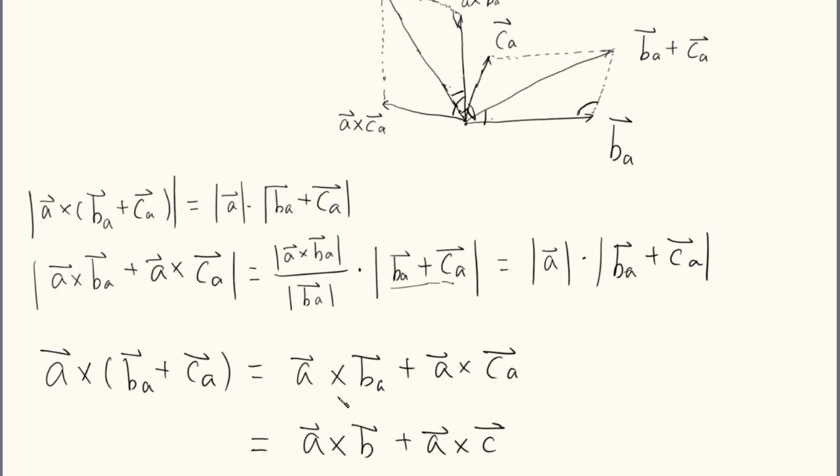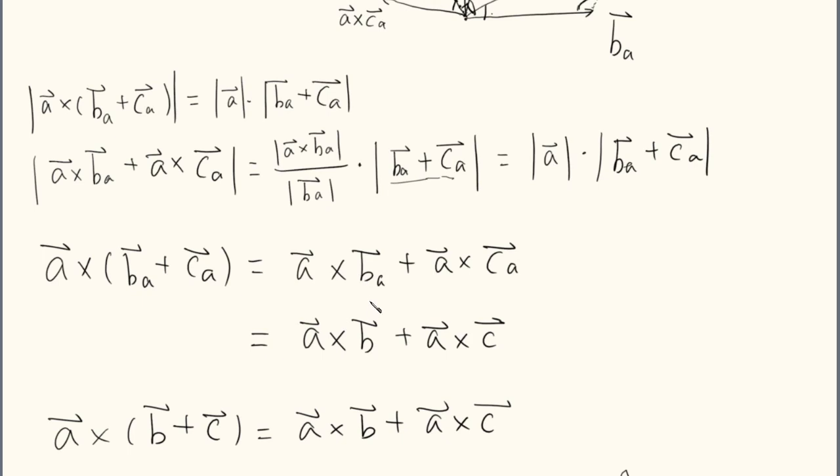This one is equal to this one, and we also know that these two are equal, vector A cross vector B. These two are equal, and these two are equal.